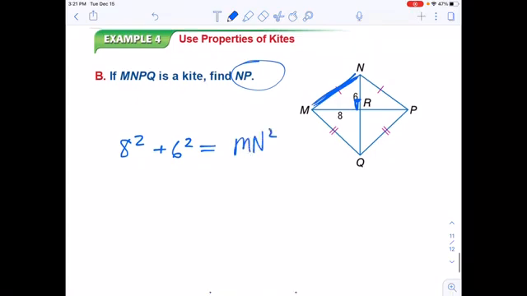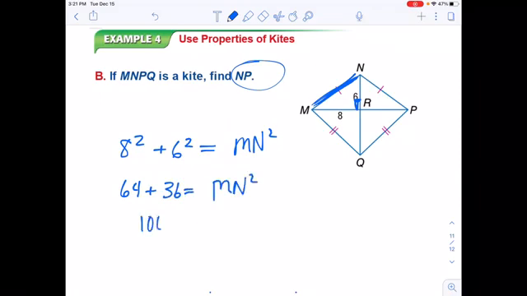I don't really care what you call it. So 64 plus 36 equals MN squared, so 100 equals MN squared, and take the square root. So MN is 10, that means NP is also 10 because they are congruent to each other.